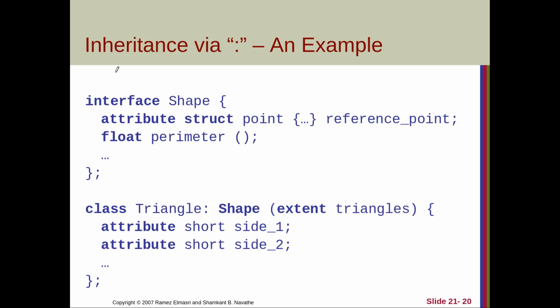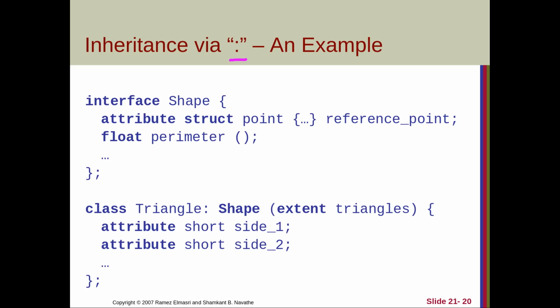Now we are considering inheritance by using another concept, single colon inheritance. So what is this inheritance? Why are we using colon? Regular class inheritance is done by using the extends keyword, but colon is used for inheriting the properties of one interface into another interface.